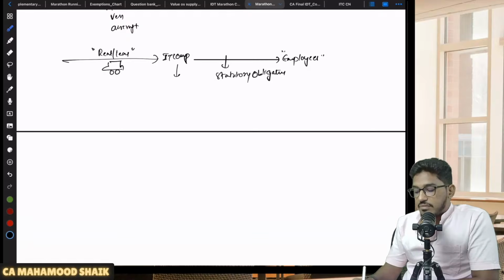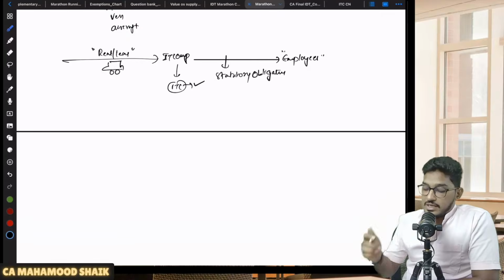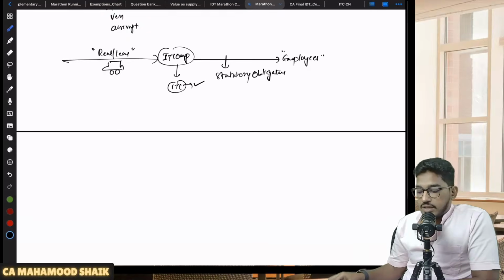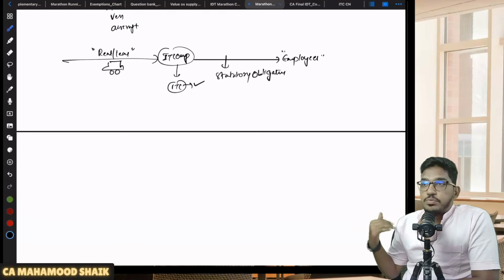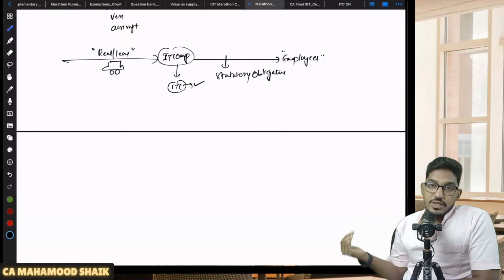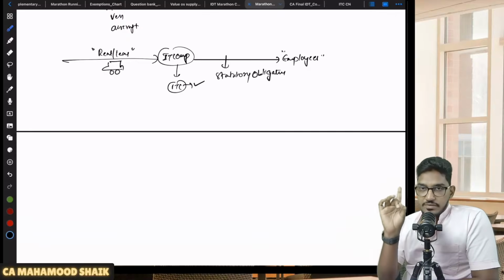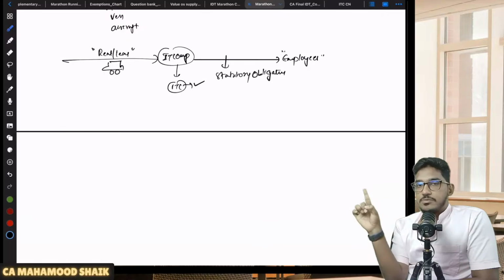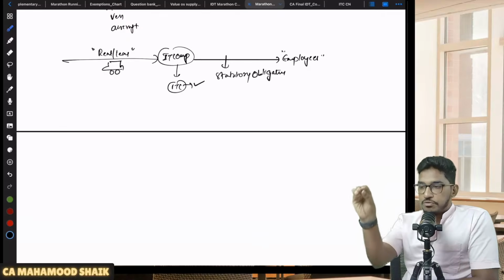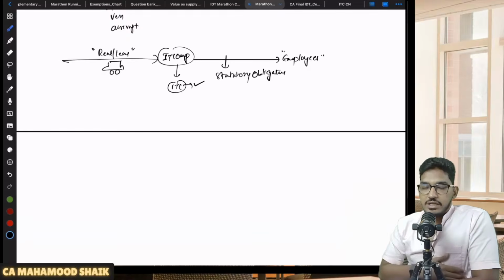In that case, they have given relaxation to these companies for taking the input tax credit. So if any entity is availing the services of renting or lease of a motor vehicle to provide them to the employees under a statutory obligation, to fulfill that, if they are taking that motor vehicle on rent, then they can claim the ITC.